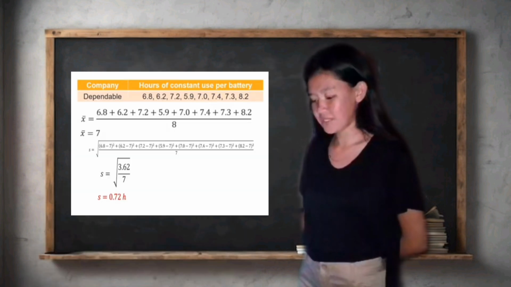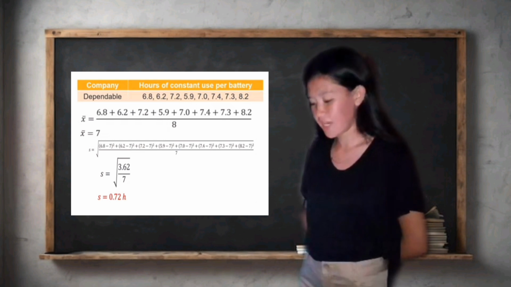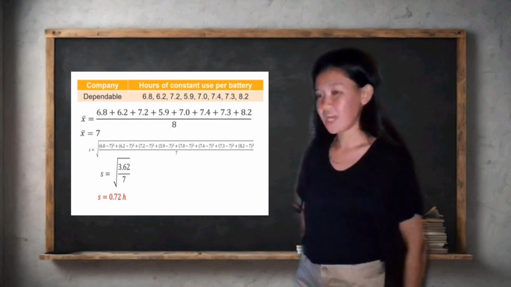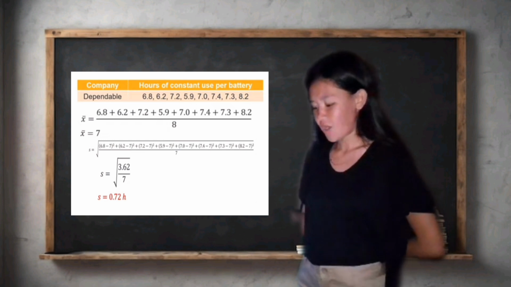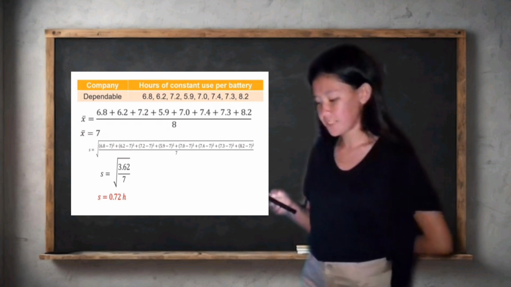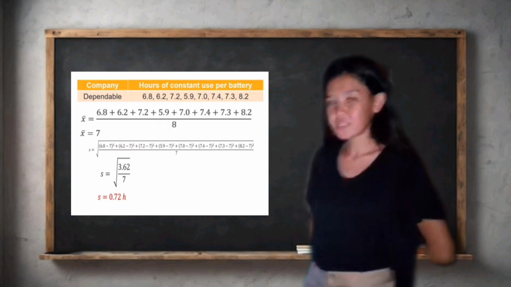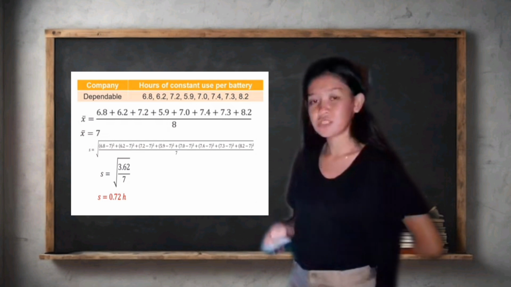Another example is the company Dependable. The equation we use is the sample standard deviation. For the sample standard deviation, we need to add up what is inside the hours of constant use per battery.